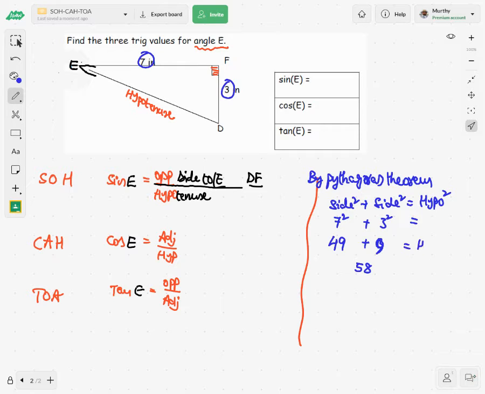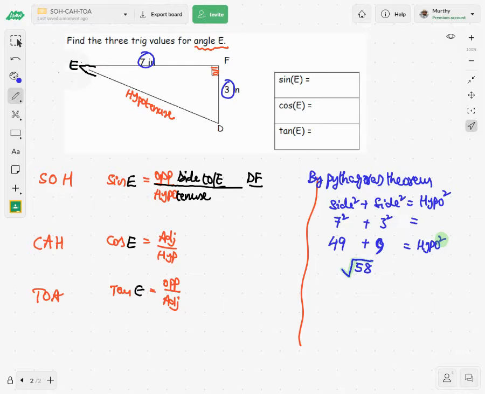You know how to eliminate the square. I already explained it in my previous problem. In order to eliminate a square, we go for the inverse operation, and the inverse of a square is the square root. Therefore, let me compute the square root of 58. Actually, this cannot be computed neatly.